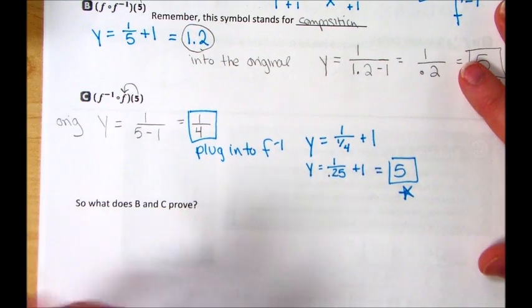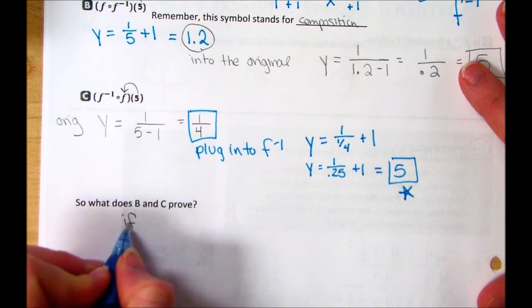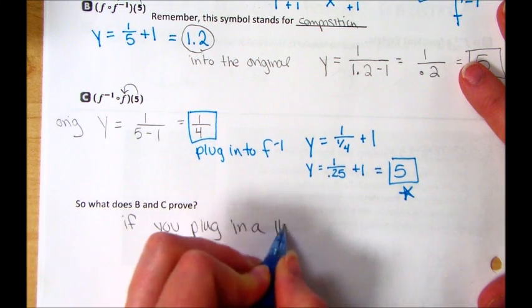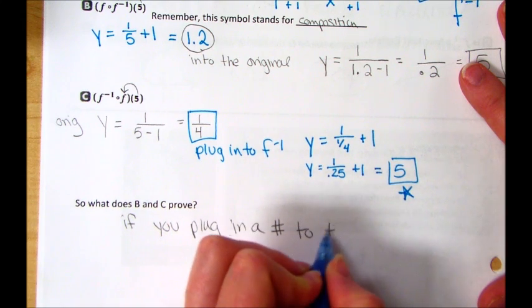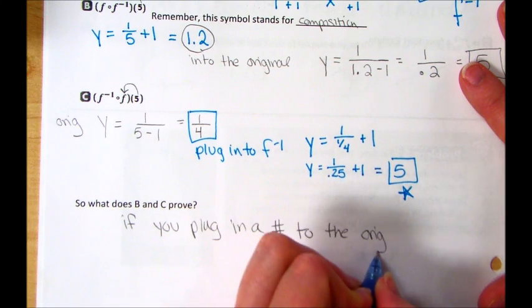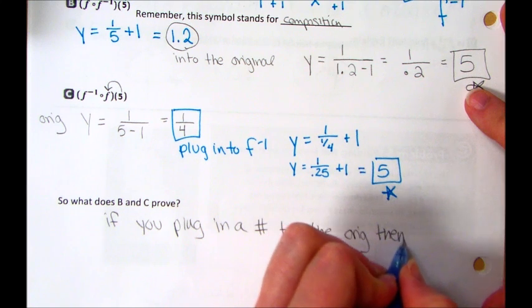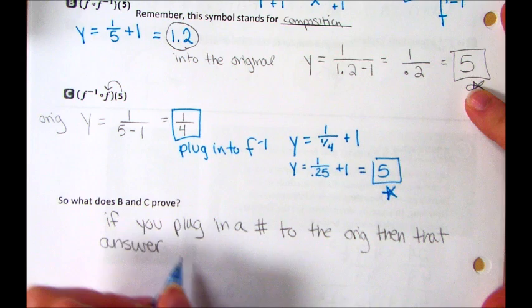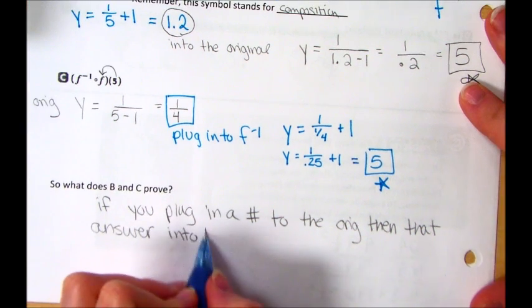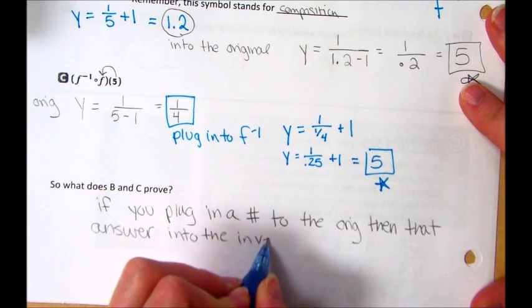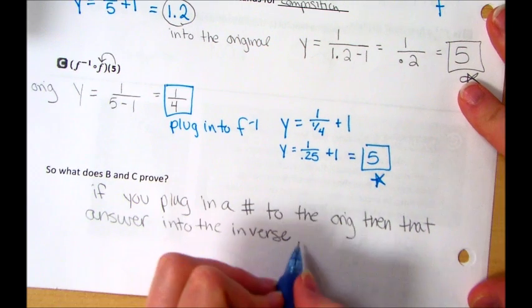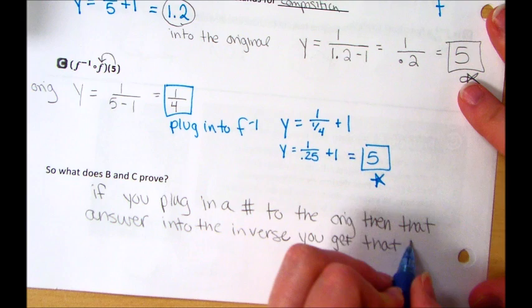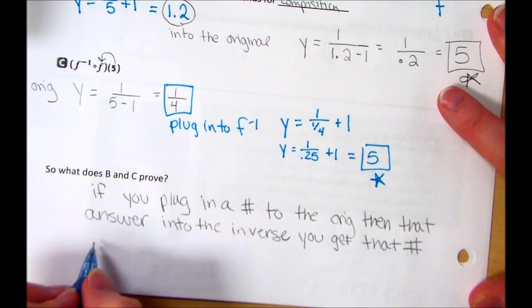So what does B and C prove? If you plug in a number to the original, then that answer into the inverse, you get that number at the end.